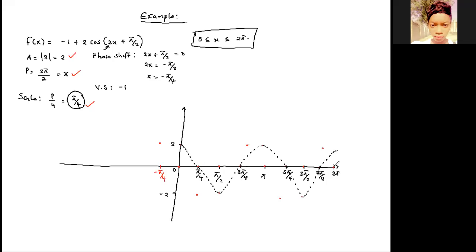Okay, so now you have this kind of a graph. You have this graph, and then so you are done with this.